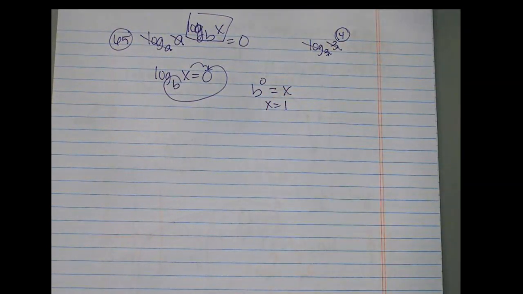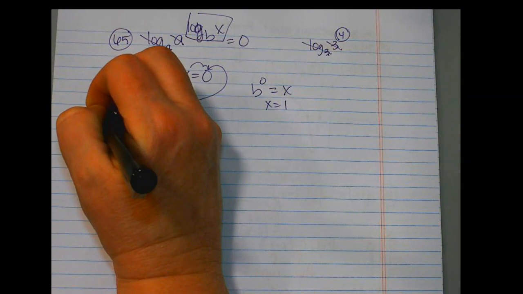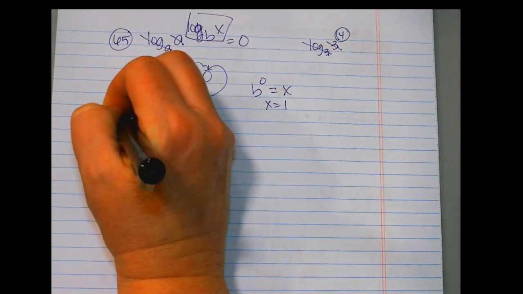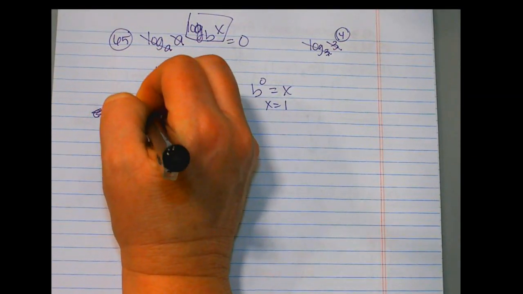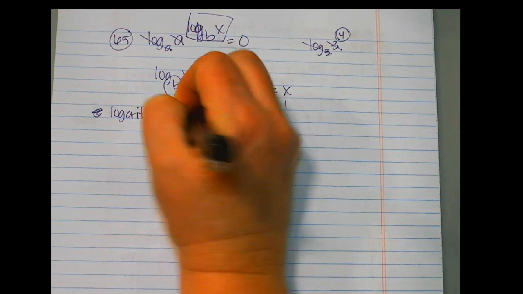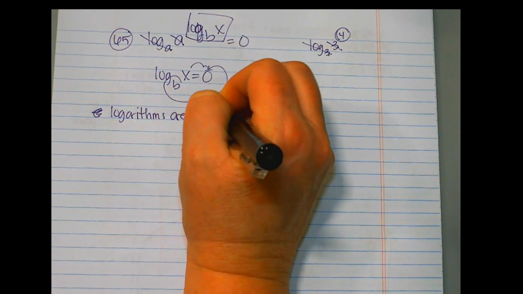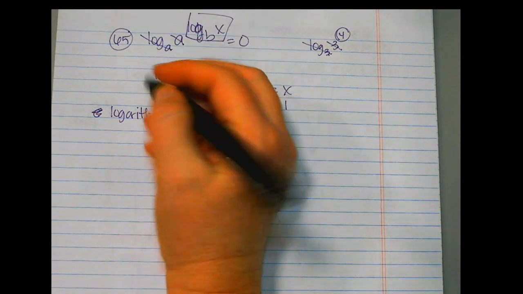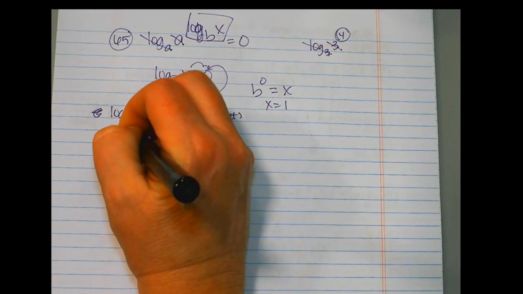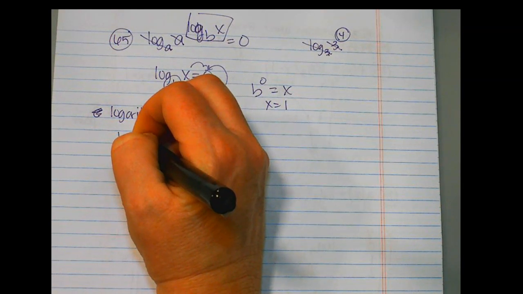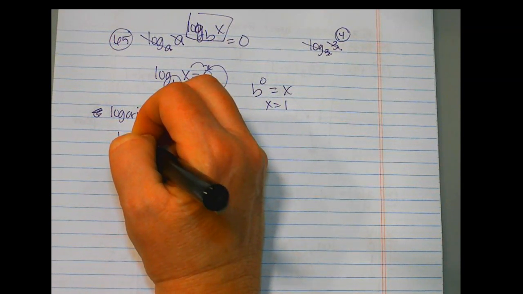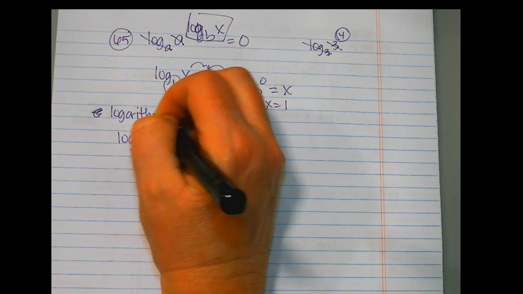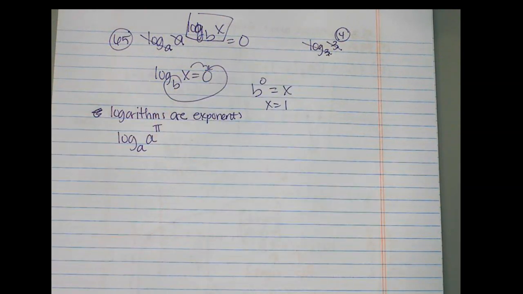So we want to remember that logarithms are exponents. And the reason that they were designed that way is so that we could say, we'll do the same thing they did, log base A of A to anything, we could say A to the pi.